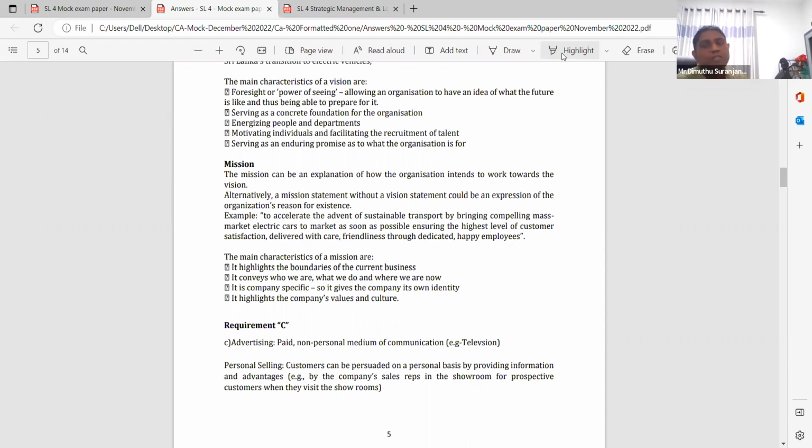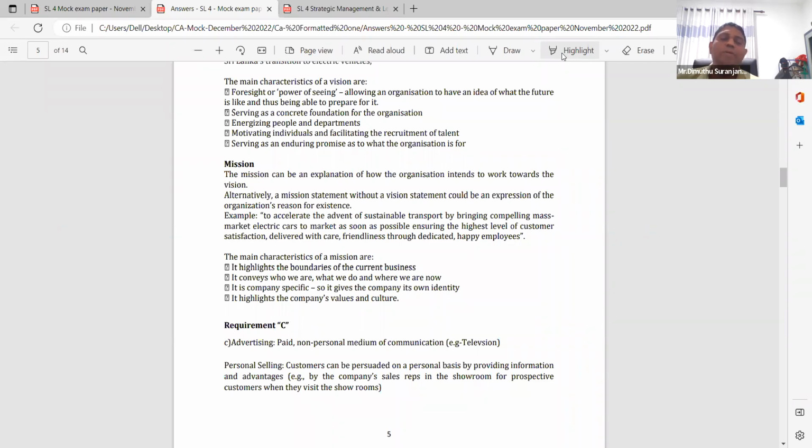If you go to the Bank of Ceylon mission statement, for example, four stakeholder groups have been addressed. Commercial Bank, four stakeholders. People's Bank, four stakeholders have been addressed in the mission statement. Now here they have addressed two stakeholder groups, right? To accelerate the advent of sustainable transport.